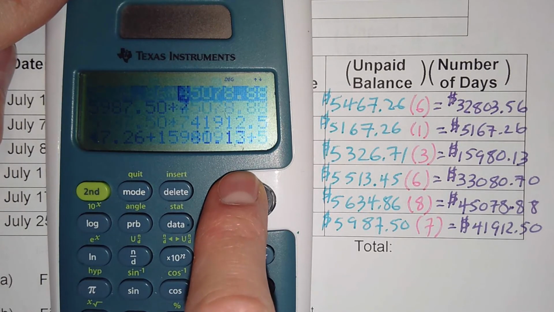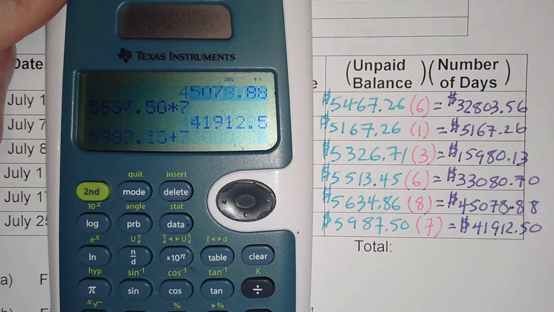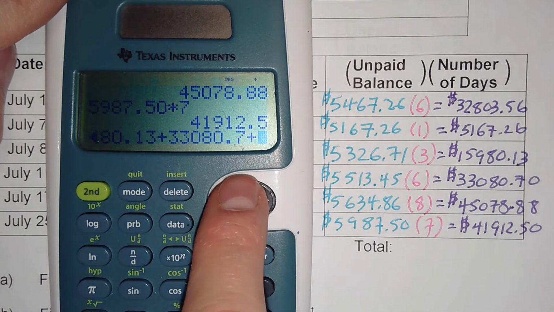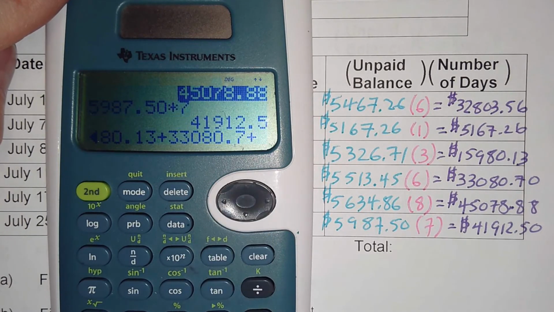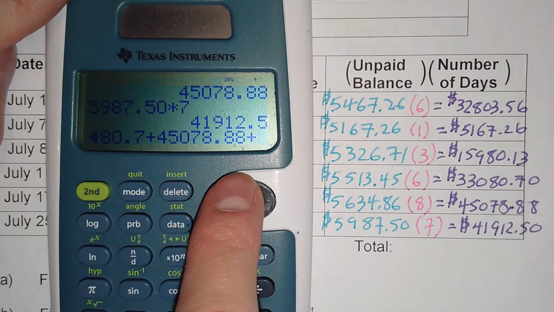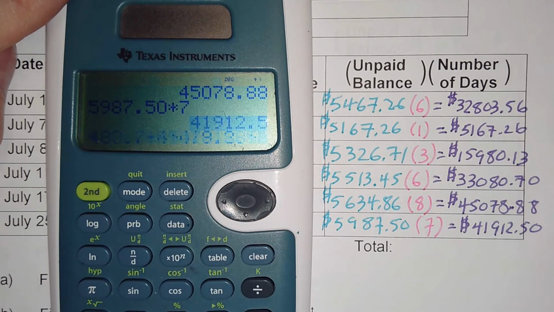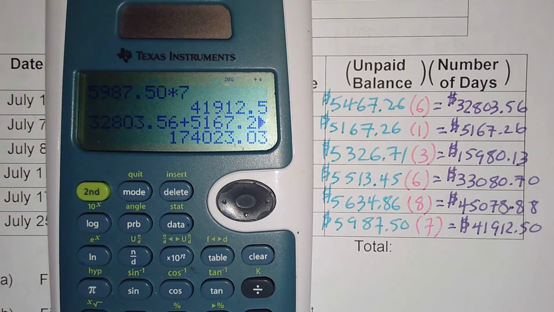I'll grab the fourth one here. I like doing it this way, there's no mistake in terms of re-entering the numbers. Alright, so we've got all the numbers here. Hit enter, and that would be then our total.